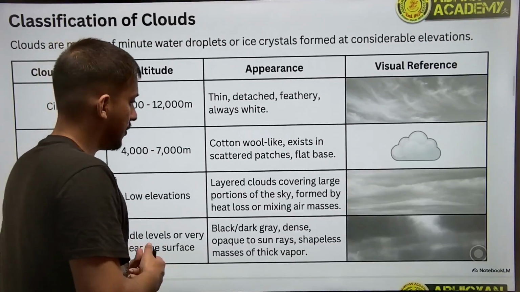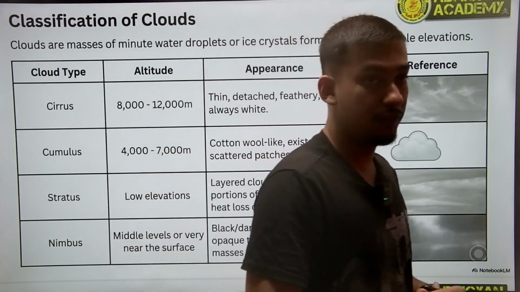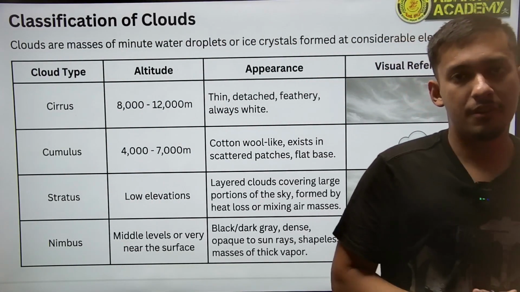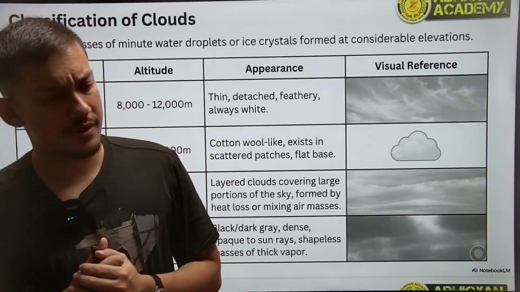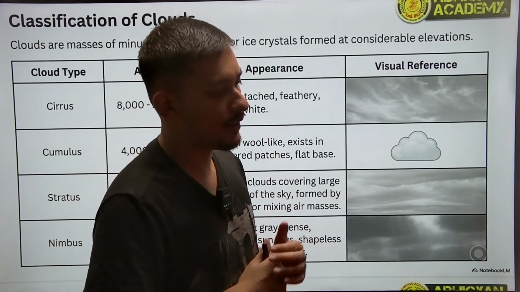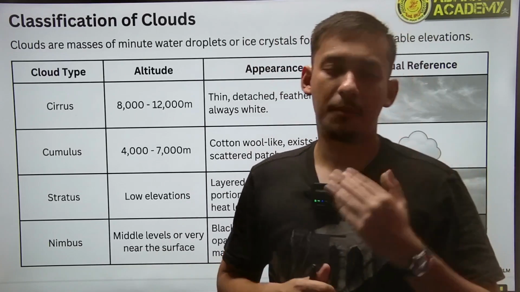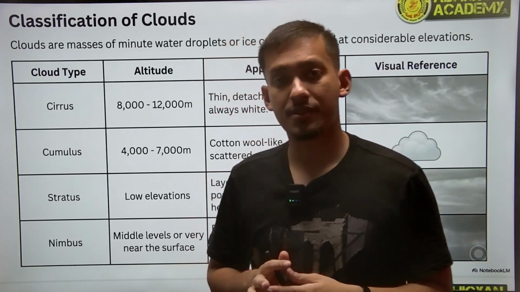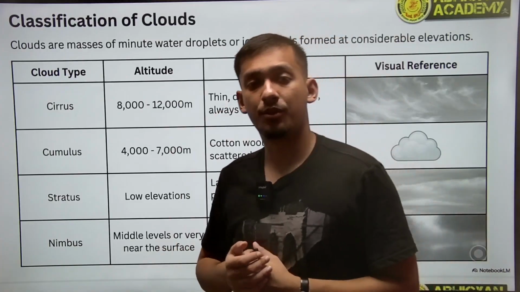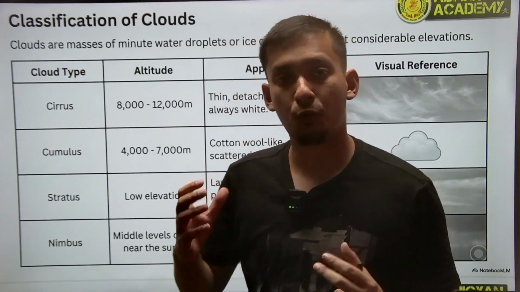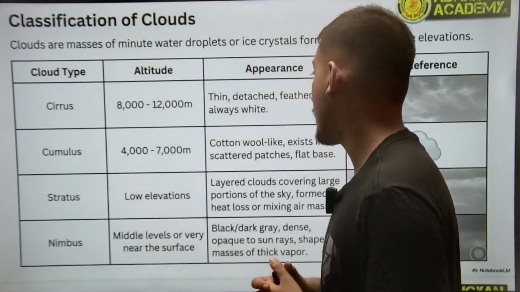Now we come to the different types of clouds. In our previous class, we have already learned there are different types of clouds. We have high clouds, mid clouds, and low clouds. Among them, we have a few more clouds. For example, when you go out and look at the sky, sometimes you see clouds shaped like cotton wool. What are cotton wool shaped clouds?